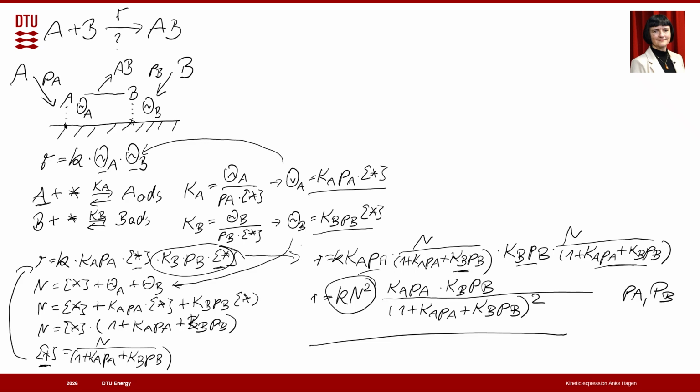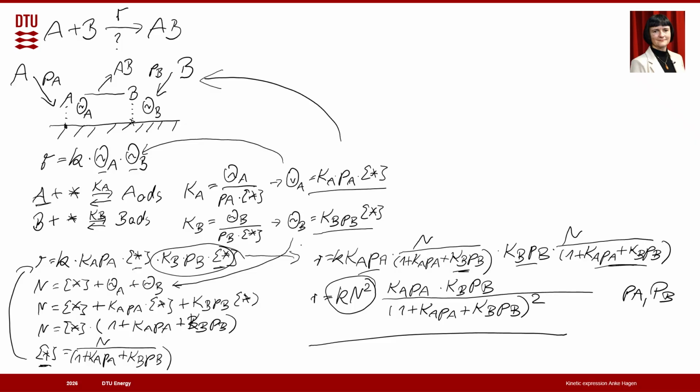If not, then you know we have made the wrong assumptions initially. So maybe the reaction is not that the adsorbed species react with each other. Maybe there is another reaction mechanism, and then you have to go back to your assumption and find the correct reaction mechanism.